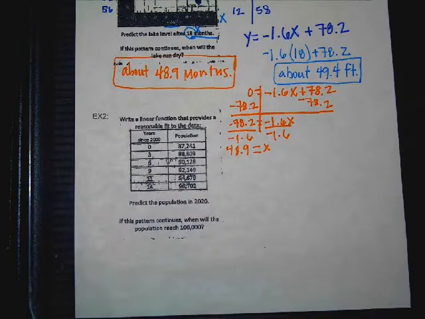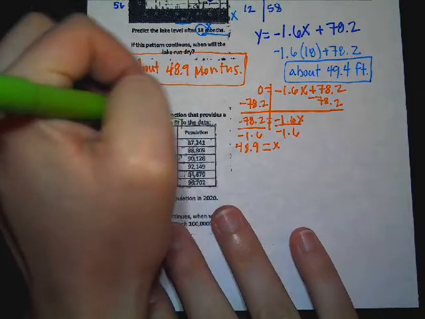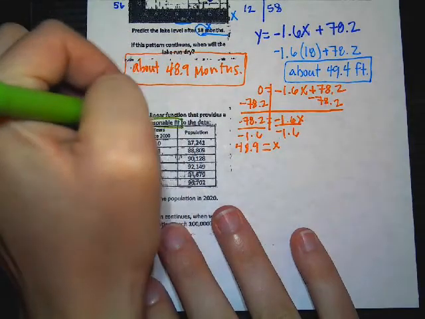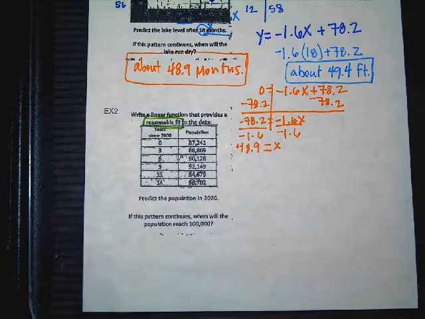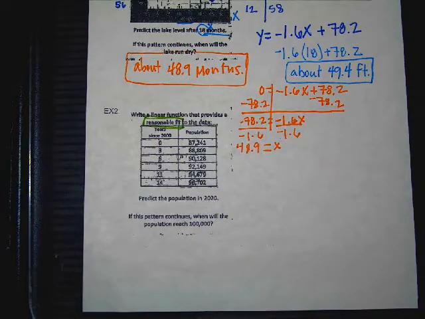it says, example 2, write a linear function that provides a reasonable fit. When you see reasonable fit, you got to know that it is a scatter plot. If it didn't say reasonable fit, then that would mean that it's a regular table that we've been working with, and you only have to plug in the first 2 numbers.